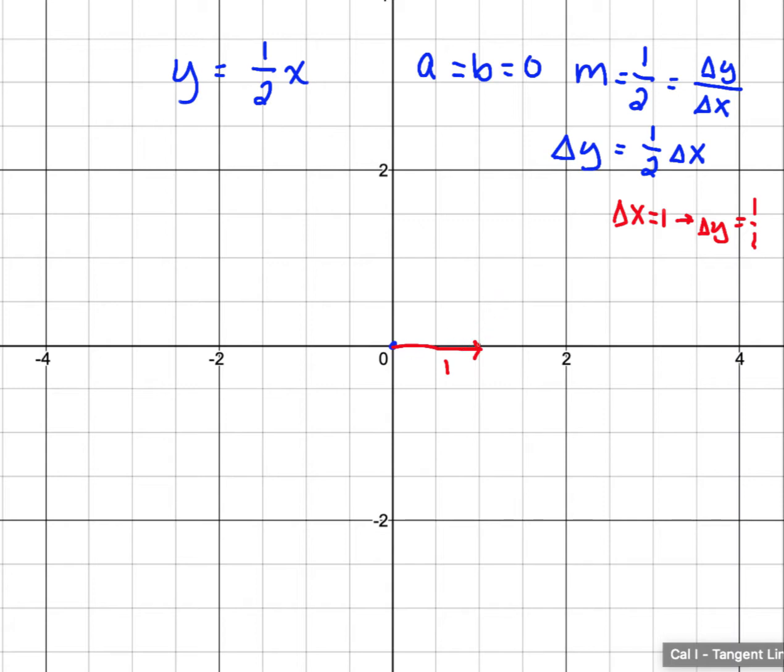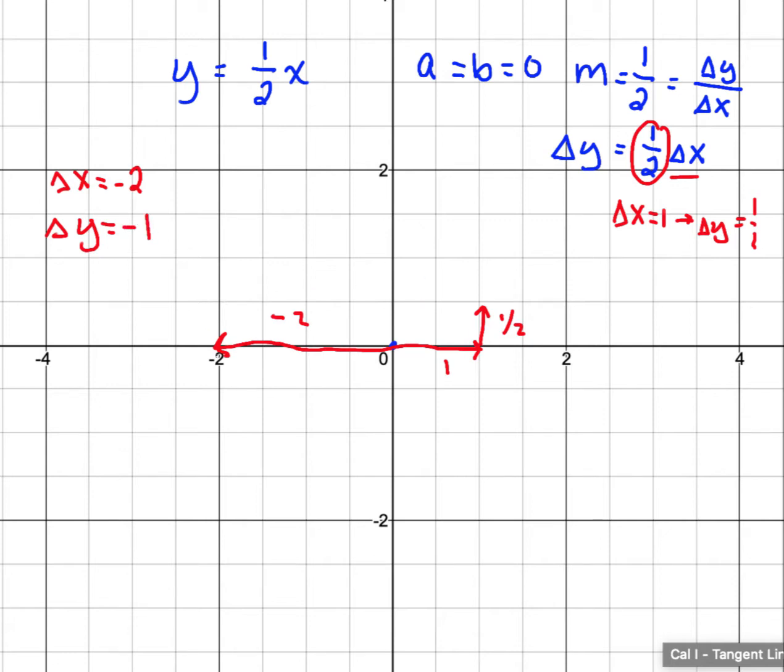Well, here's 1/2 unit would be right here, right? That's 1/2. Or if instead I wanted to go, say, 2 units to the left in the x direction, so if I went there, -2 units, so delta x in this case is equal to -2, then delta y would be 1/2 times -2, which is -1.